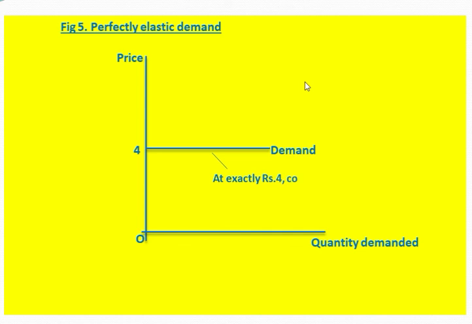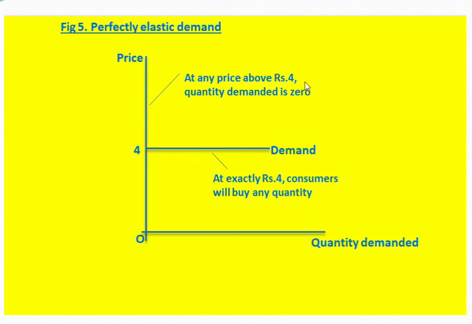At exactly rupees 4, the consumer will buy any quantity which is available, but at any price above rupees 4, quantity demanded is 0, and similarly at a price below rupees 4, quantity demanded is infinite. So it is perfectly elastic demand.